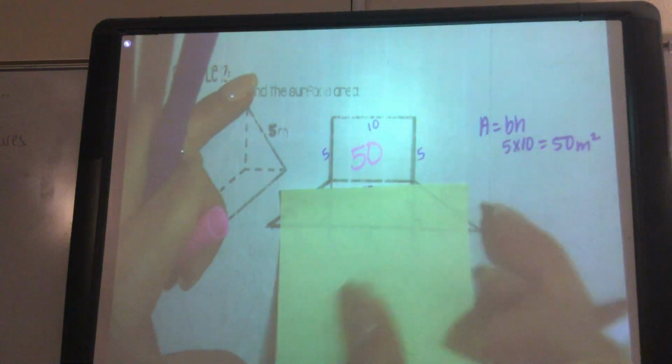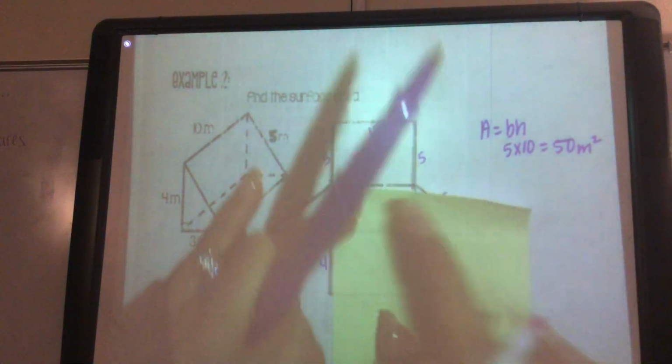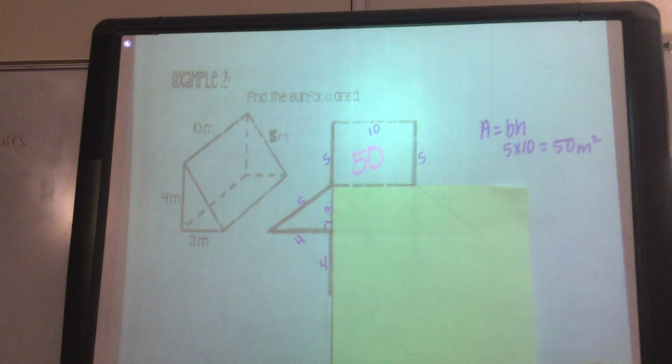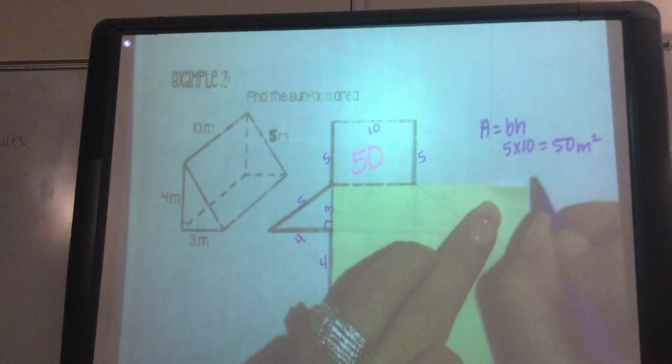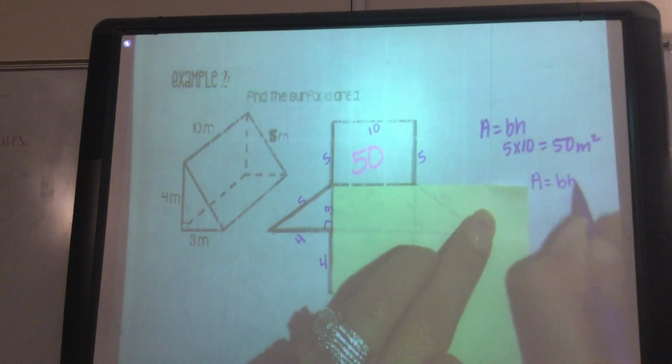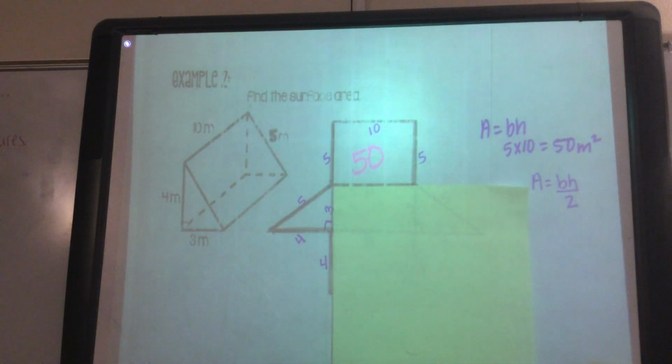When we go to the next shape, we see we have a triangle. The triangle formula is area equals base times height divided by 2. This triangle does have 3 numbers. We have to remember our height is straight up and down, so the line that goes straight would be 4 and the base is 3. So we're going to multiply 4 times 3 and divide by 2. We have 12 divided by 2, and that gives us 6 for that figure.